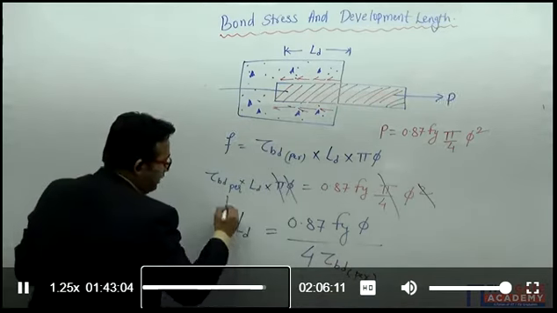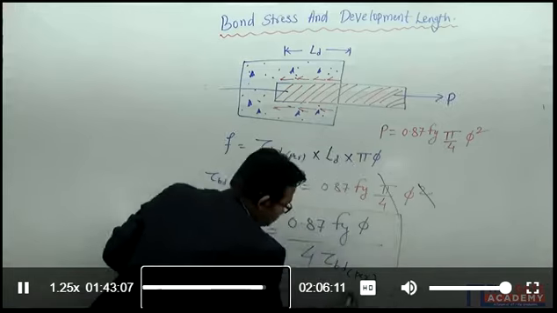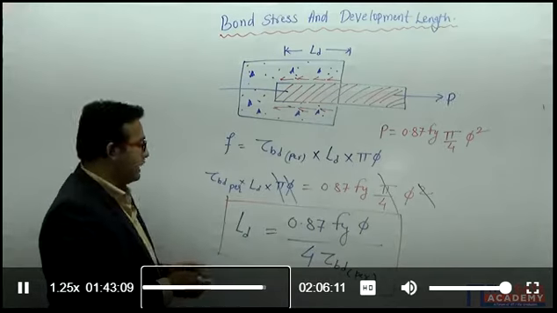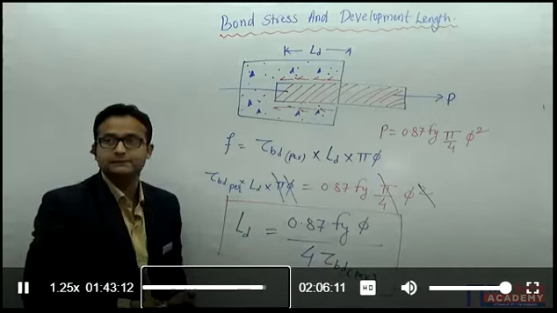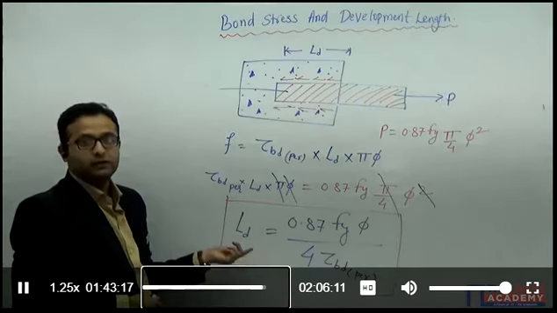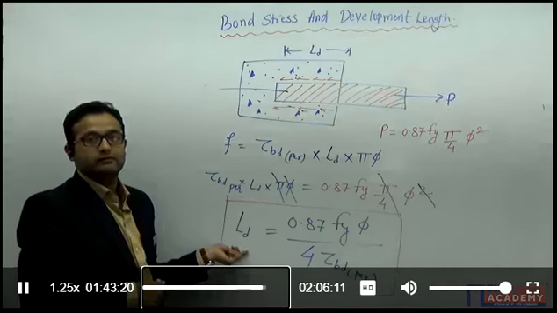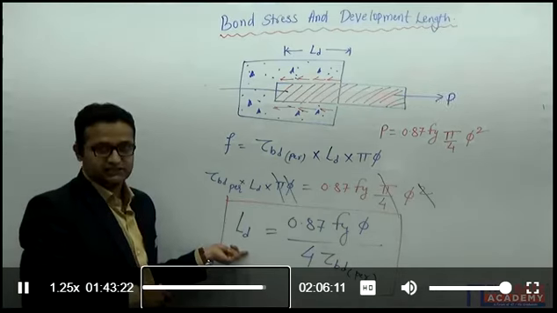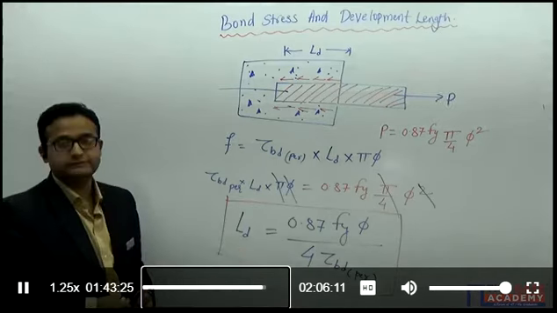So this is the formula for the development length, and this is the minimum length we need to provide in the RCC sections. Right? Please note down this.